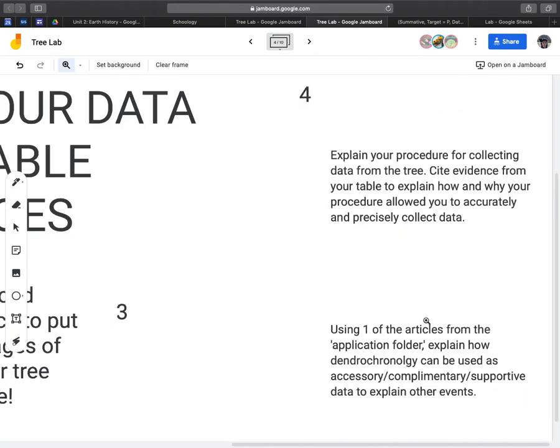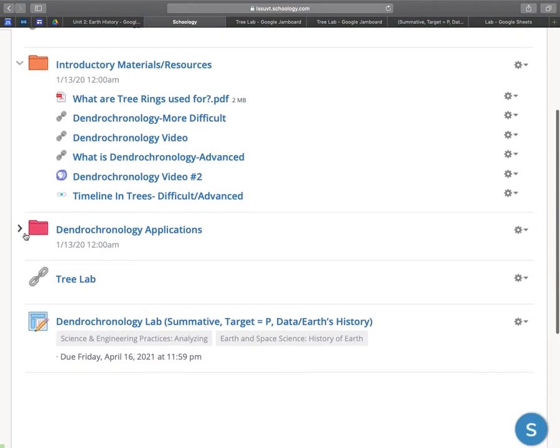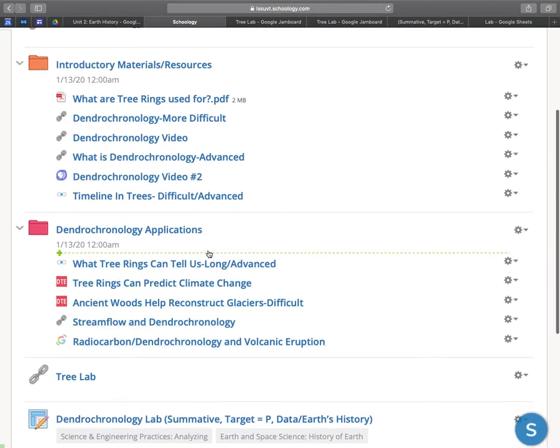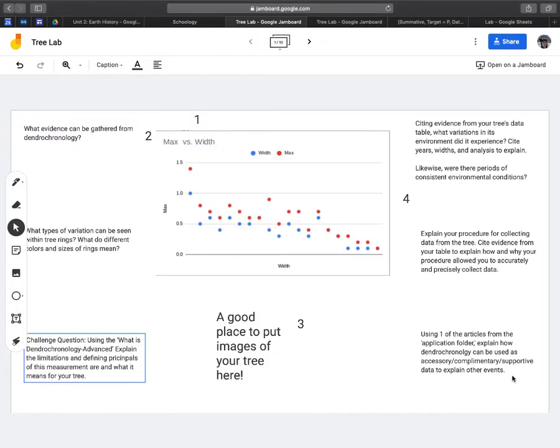And then finally, you're going to go into the second folder in Schoology, which is called Dendrochronology Applications. And you're going to read one of these articles and summarize it here to discuss how dendrochronology can really be used as accessory, secondary, complementary, additional information to help us explain something that we find out about the past.